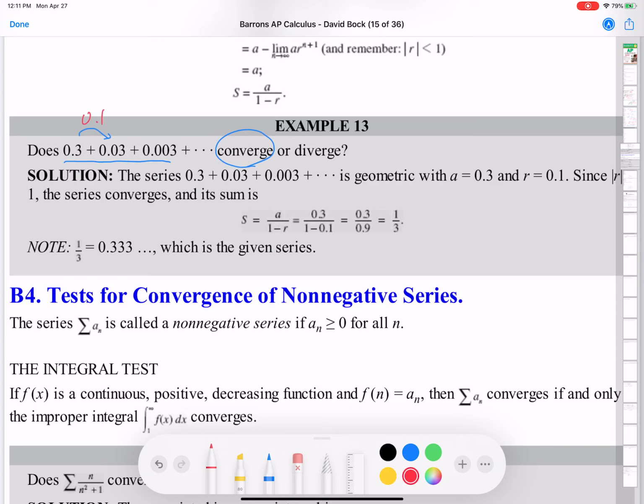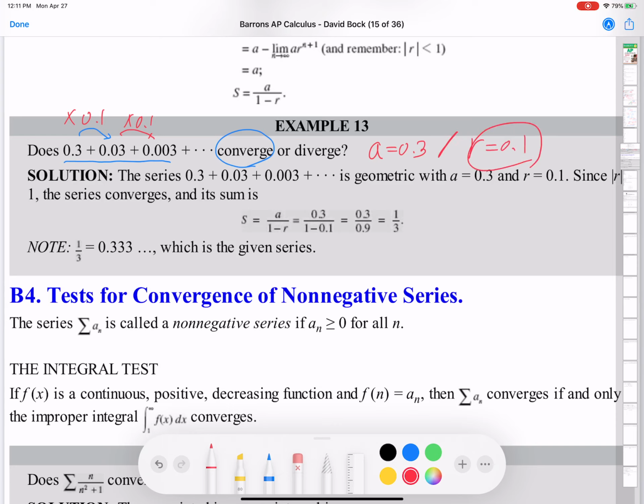0.3 times 0.1 is 0.03. 0.03 times 0.1 is 0.003. So the first term is 0.3, and the common ratio r is 0.1. Is 0.1 between -1 and 1?